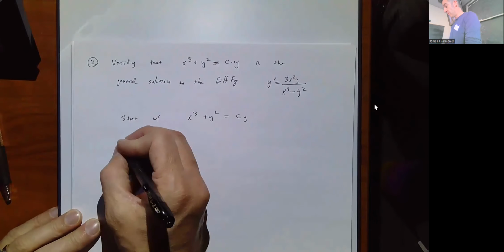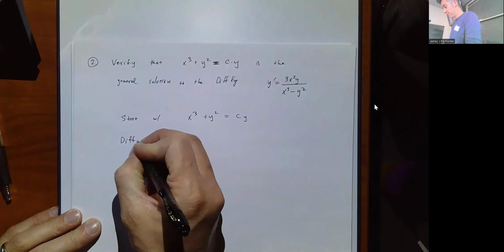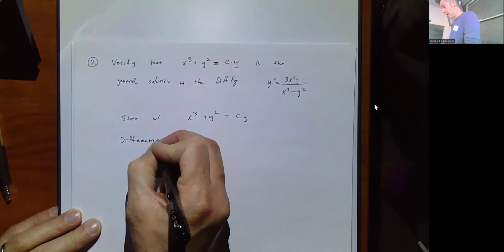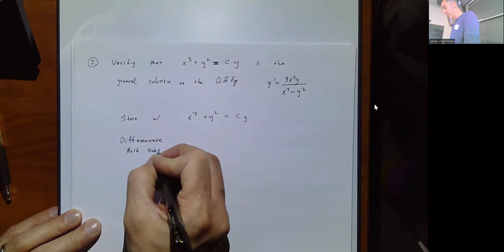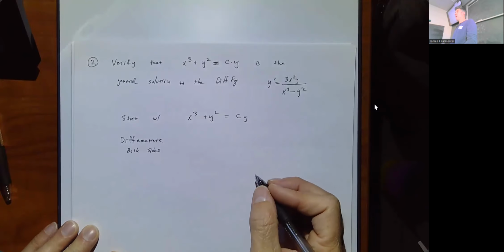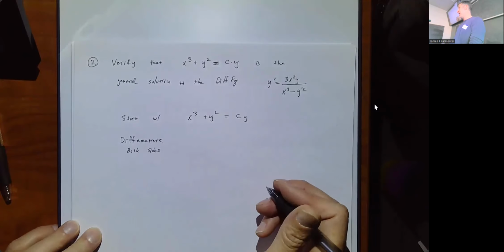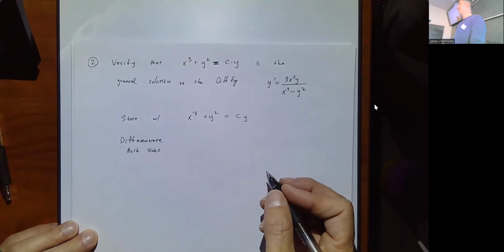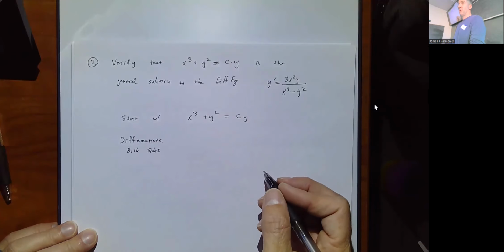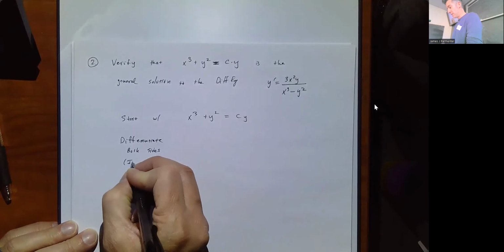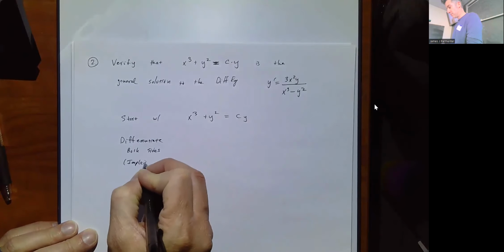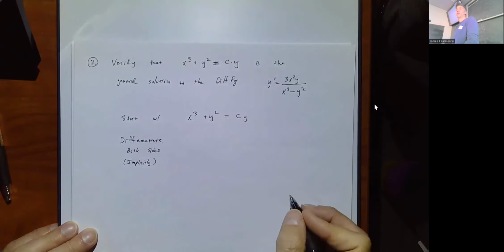Now we're going to differentiate both sides. But I just said something important, that y is a function of x. So when we take the derivative of something like y squared, it's not just going to be 2y, it's going to be 2y times the derivative of the inside stuff, which is dy dx or y prime. So basically differentiate both sides implicitly, like we did back in 17a.